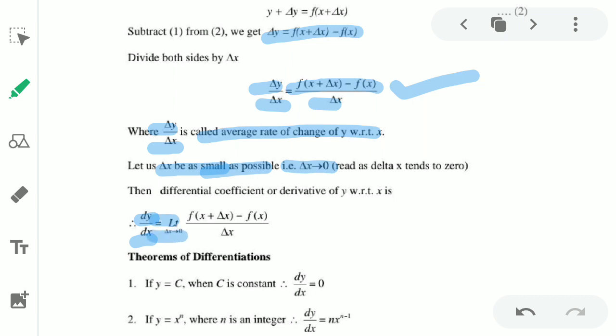We know very well what delta x tends to 0 means: the small increment or small change of x is very small, very close to 0. So we further rewrite it as f(x plus delta x) minus f(x) upon delta x. That quantity is called the differential coefficient, or we also say the derivative of y with respect to x.